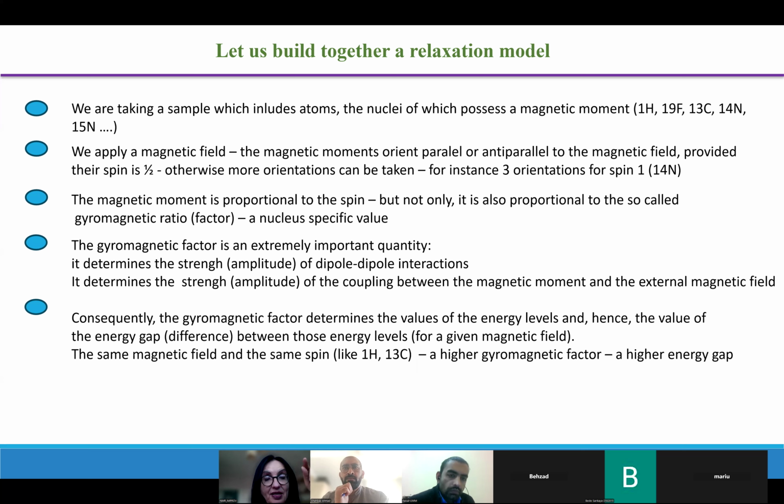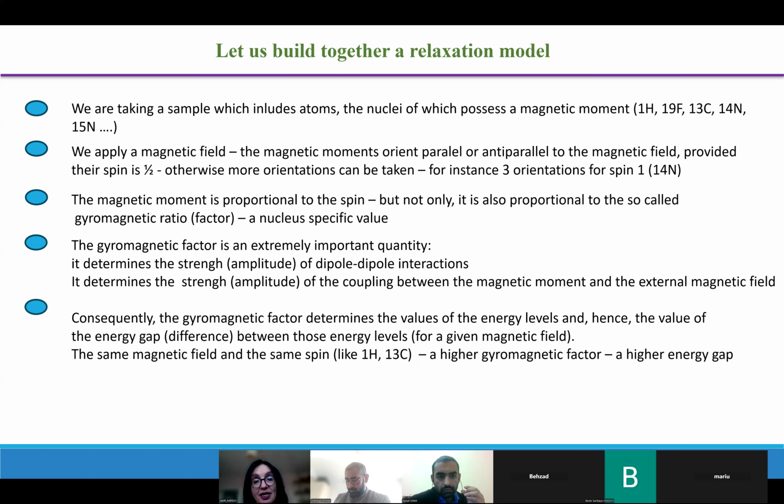So we, for instance, write 1H resonance frequency. It's important that it is for 1H because it depends on the gyromagnetic factor. You can apply the same magnetic field, but get a completely different resonance frequency because it depends on the spin and the gyromagnetic factor. Yeah? So this is where the concept of resonance frequency comes from.